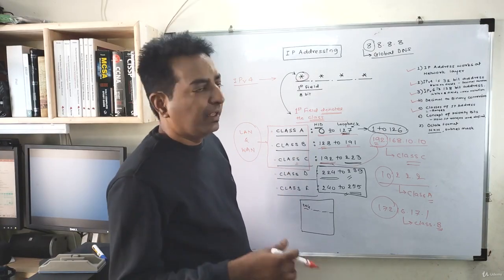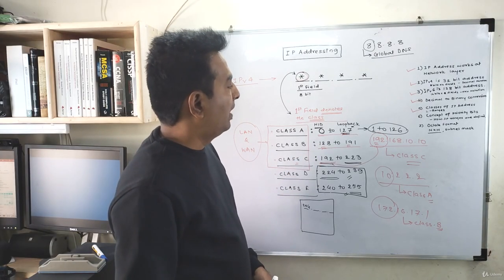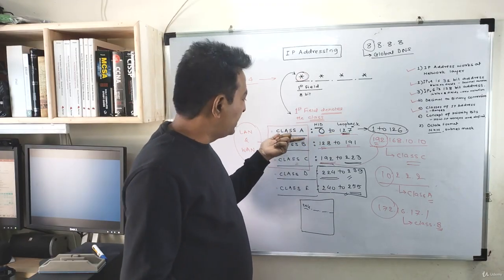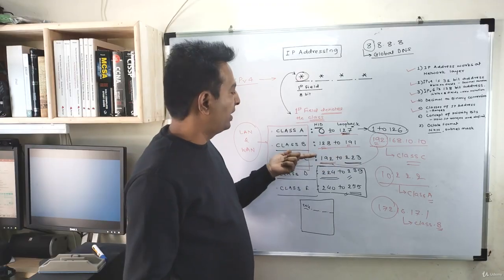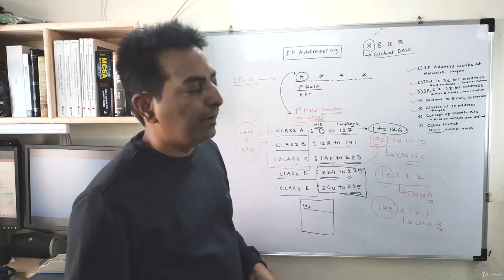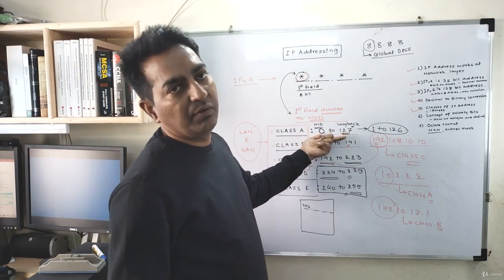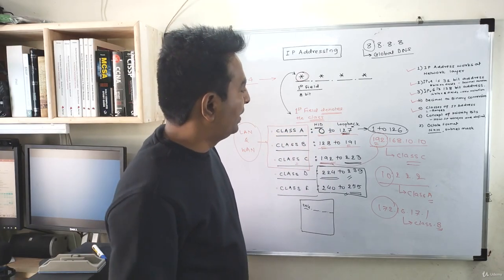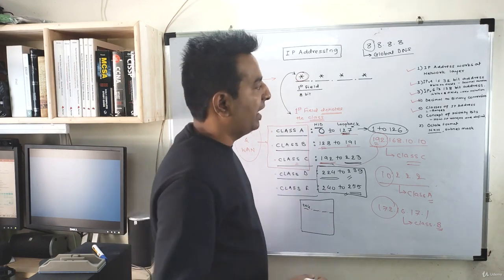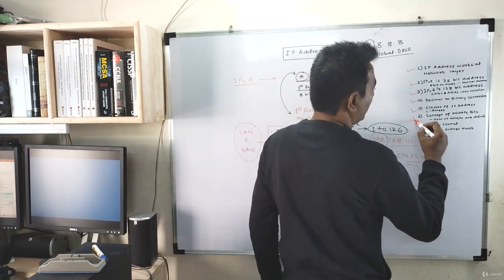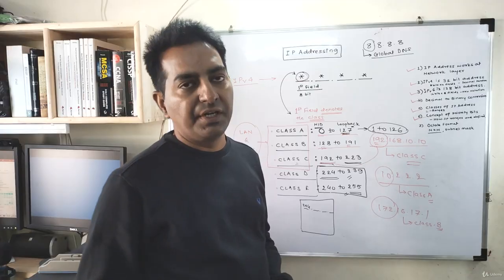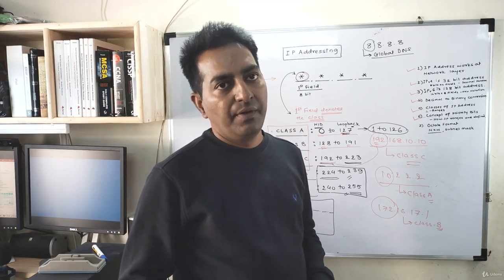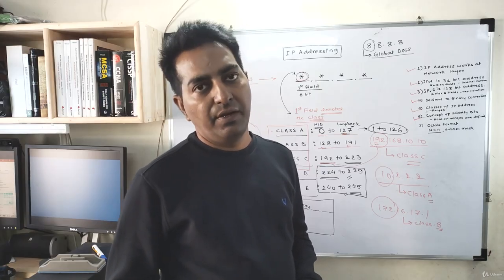Okay, so in the next session we will discuss why this particular range is set to class A, and this range is set to class B. So what is the logic behind using this particular range for class A? Let us try to understand this in the upcoming session and talk about the concept of priority bits and how different IP ranges are calculated. So I hope you understood the concept. Thank you for watching.